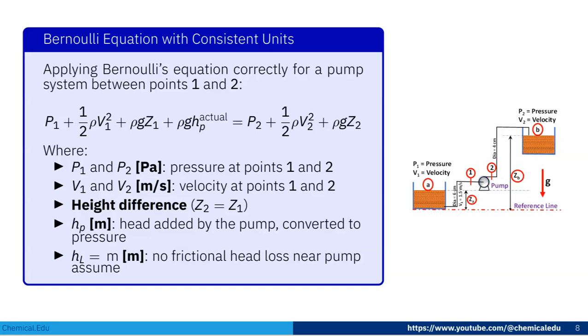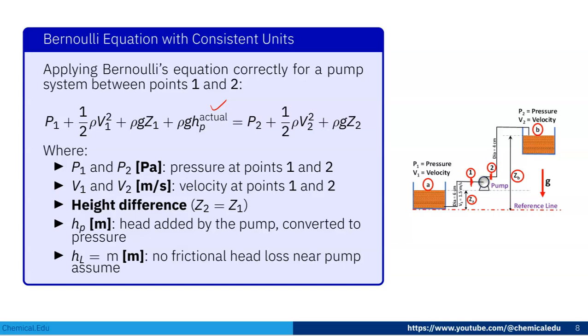Now if we want to calculate the pressure across the pump, we have to apply Bernoulli's equation at point 1 and point 2. So P1 plus half rho V1 square plus rho G Z1 plus rho G HP actual is equal to P2 plus half rho V2 square plus rho G Z2.